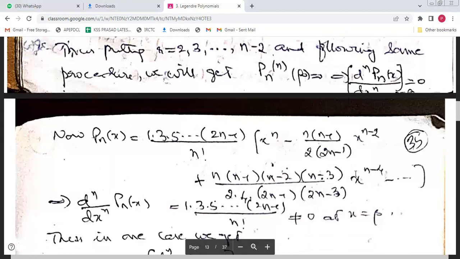Now this shows that the nth derivative of Pn of x is equal to 1 into 3 into 5 etc.